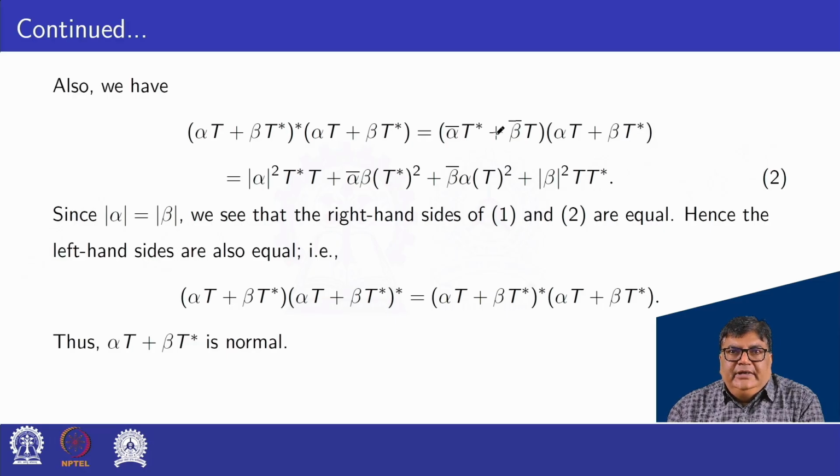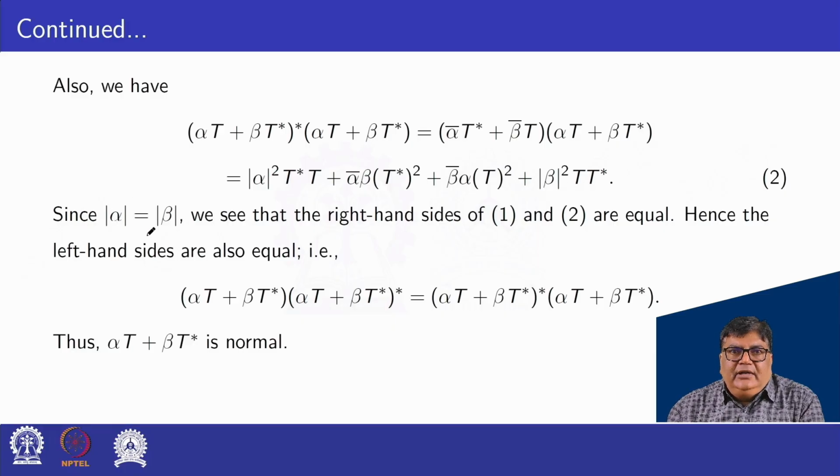Again, operating this on this, we have mod alpha square T star T and alpha bar beta T star square, and this beta bar alpha T square and beta bar beta T T star. So alpha alpha bar is mod alpha square, and beta beta bar is mod beta square.